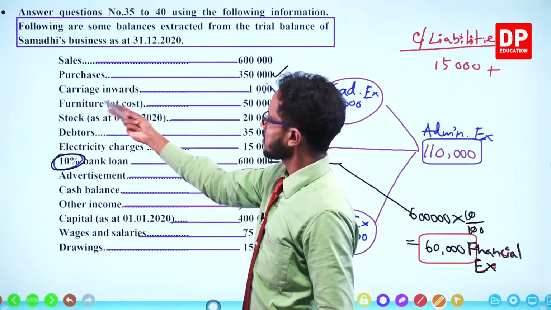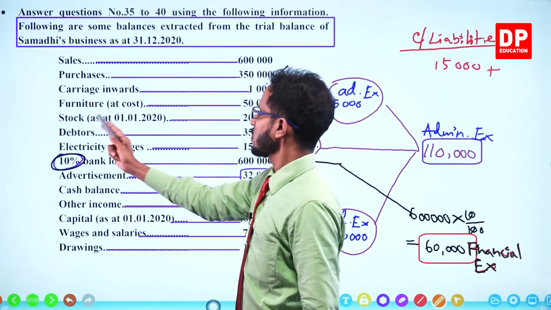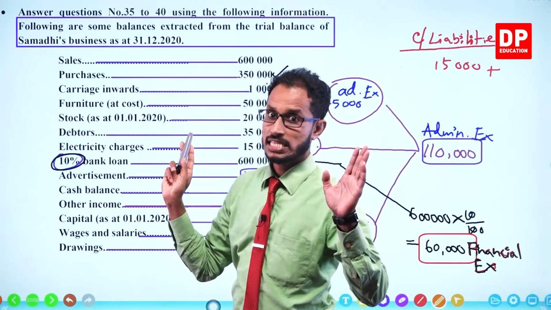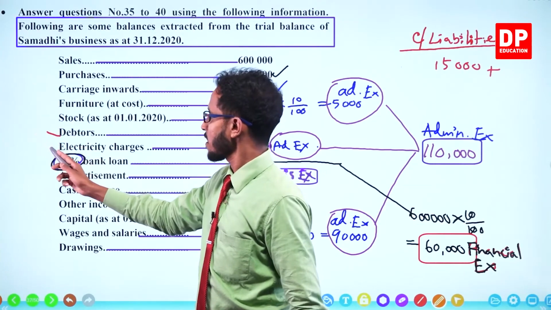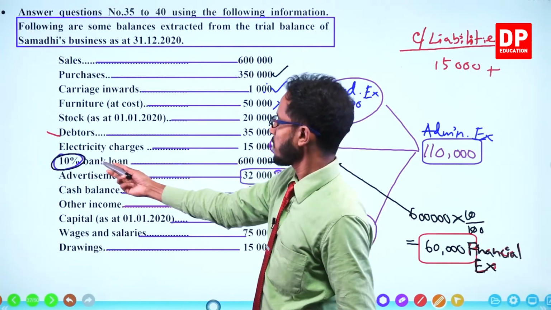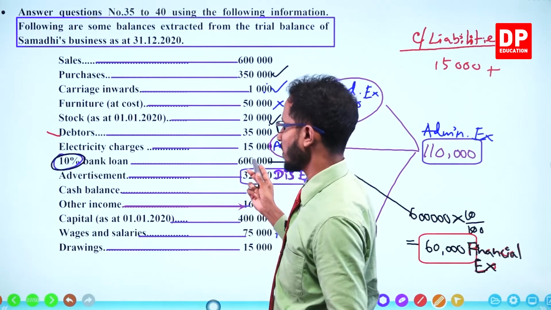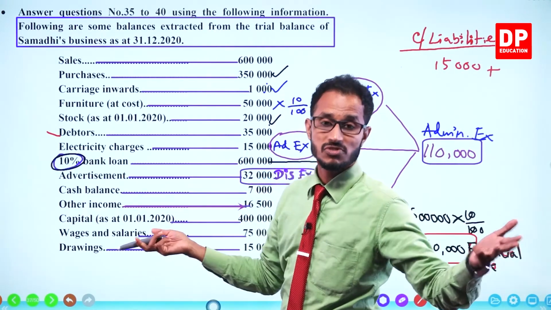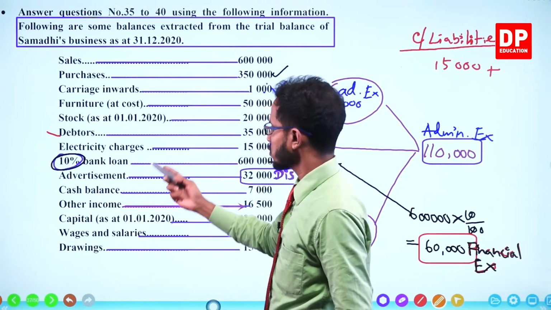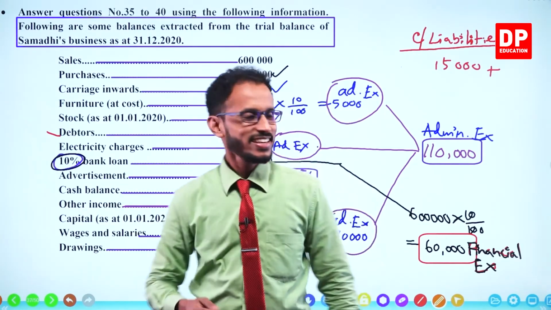Sales, purchases, carriage, furniture at cost, stock, debtors, assets, electricity charges, bank loan interest. The bank loan interest is not paid. If the bank loan interest was paid, it should be mentioned here. So the bank loan interest also you should take, the 60,000.